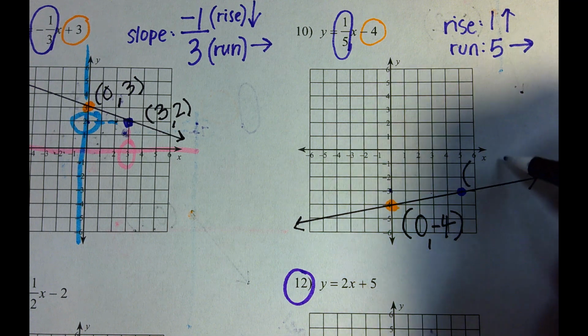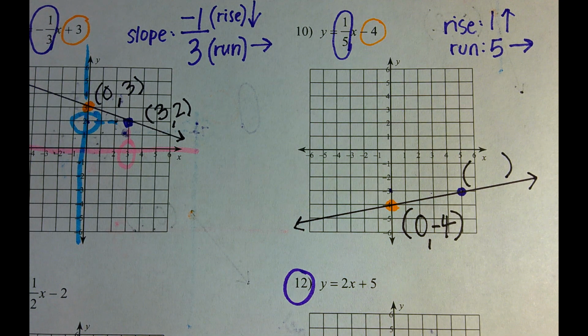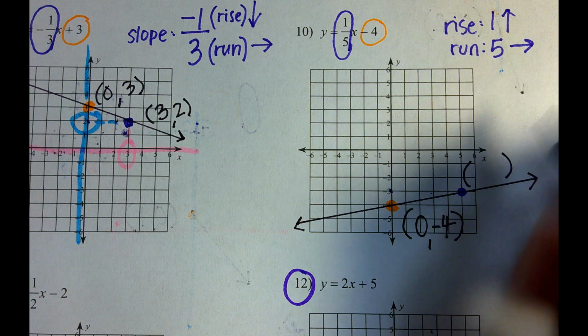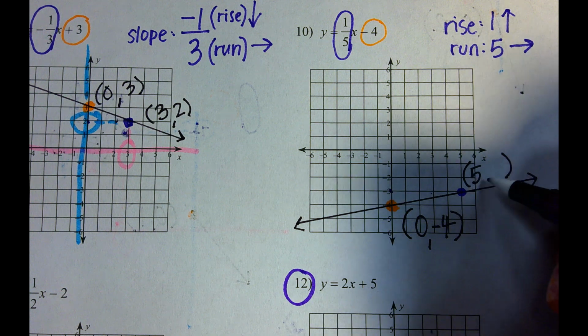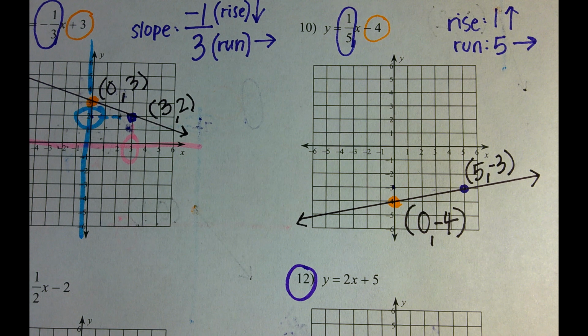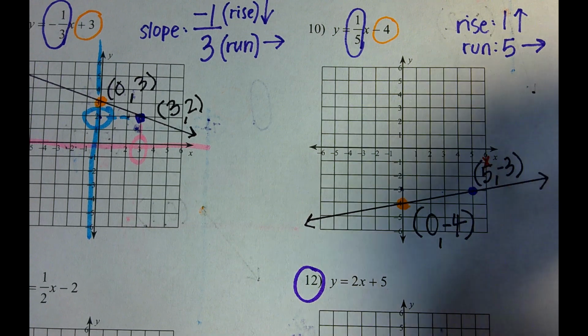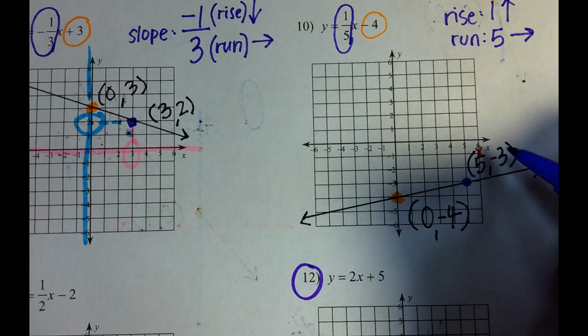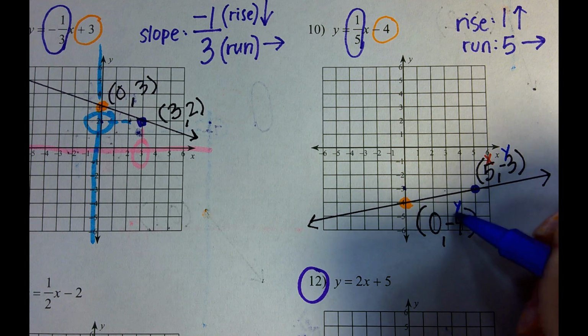And how about my second one? 5, -3. Yes, 5 for my x, -3 for my y. Perfect. That is wonderful. Just remember x, y.